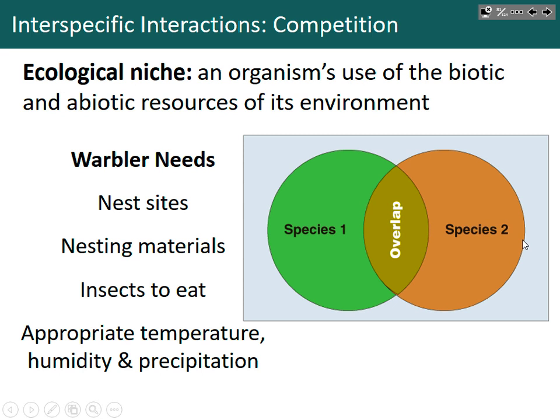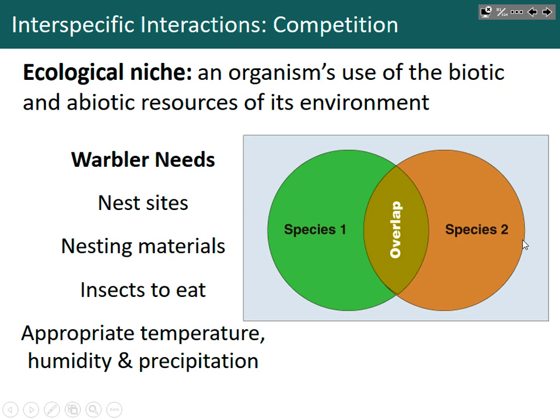So if we have two different species of warbler, they're going to have really similar needs. They're going to be eating similar kinds of things because they're closely related birds. They're going to be nesting probably in similar types of places. But we can see that species one and species two, although they have some things that are directly in overlap, they're also going to have some things that are different.